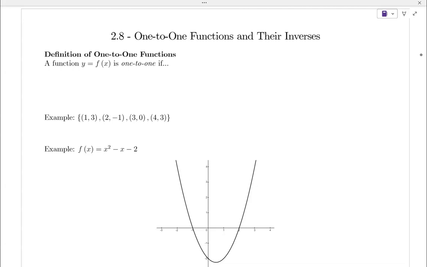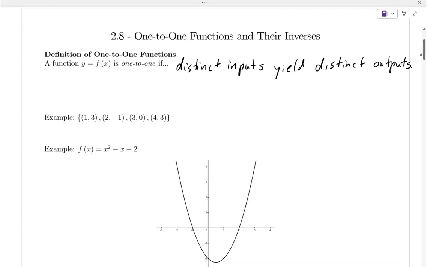So what we say in words is that distinct inputs yield distinct outputs. Said another way, if I put 2 different things in, I have to get 2 different things out.